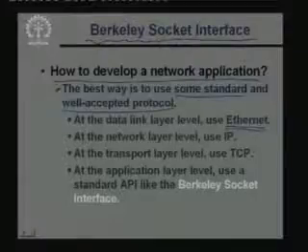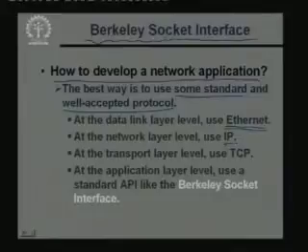At the level of the network, use IP. See, this IP is important because in today's internet, the whole internet infrastructure is sitting on top of IP. So, if it is not IP, then your packet cannot reach your intended destination where you want it to reach.